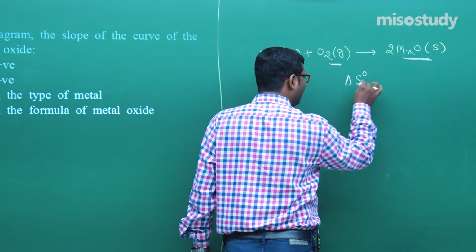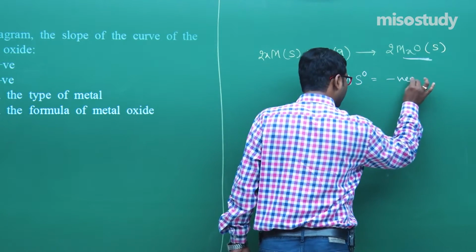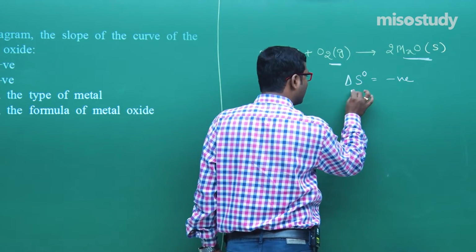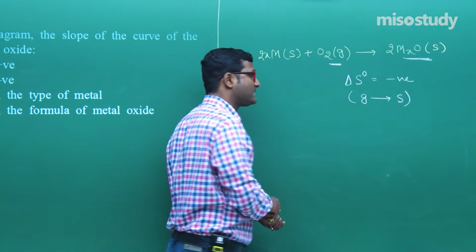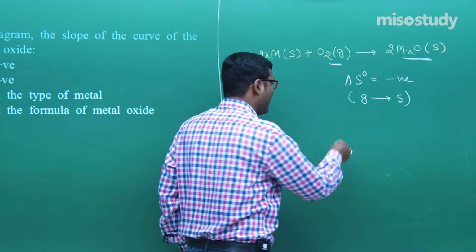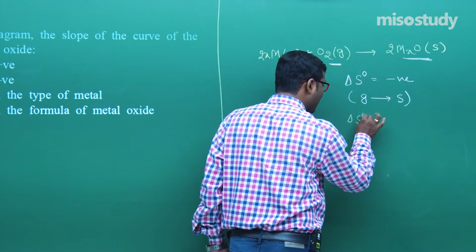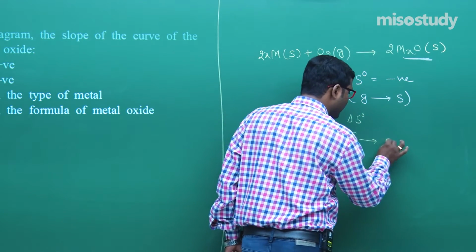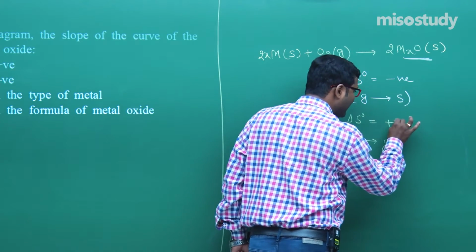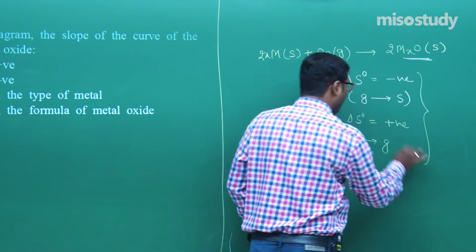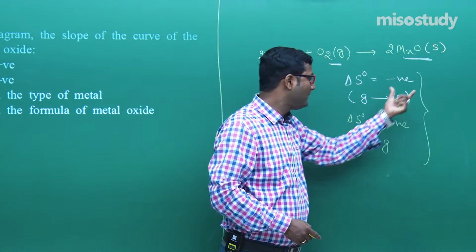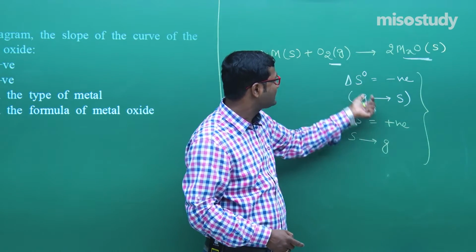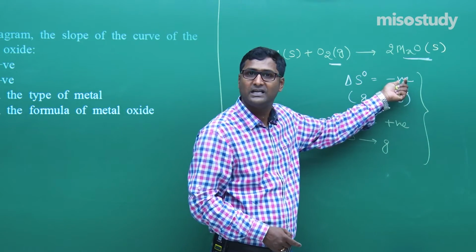Sir, the entropy becomes negative. If there is a conversion from gas to solid, do you remember I discussed in thermodynamics? If there is a conversion of solid into liquid or gas, then delta S becomes positive. Watch carefully. Here, the metal oxide is in solid form, that is, conversion of gas into solid, so the randomness decreases.